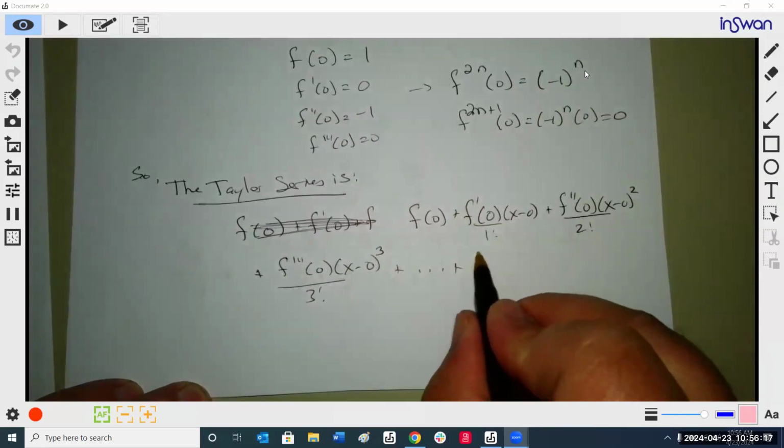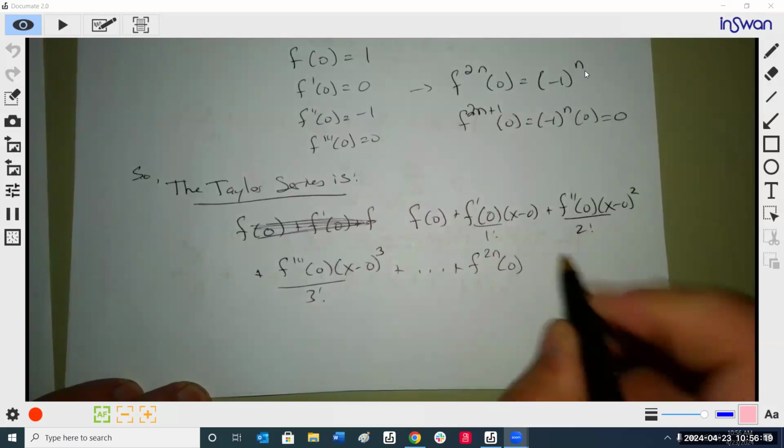Then we just stop there. So we have f of 2n at 0.